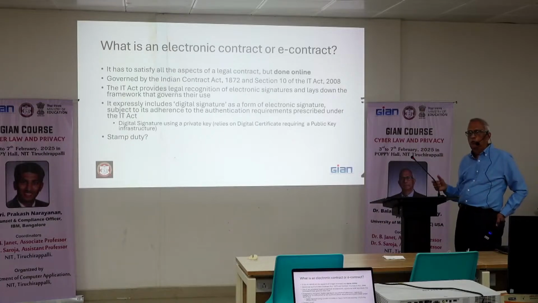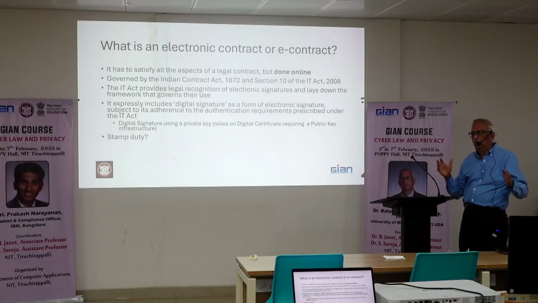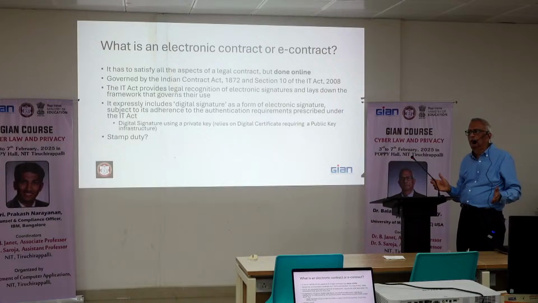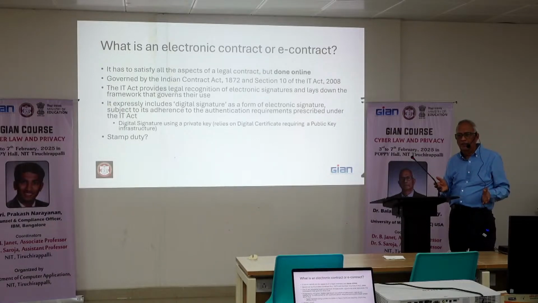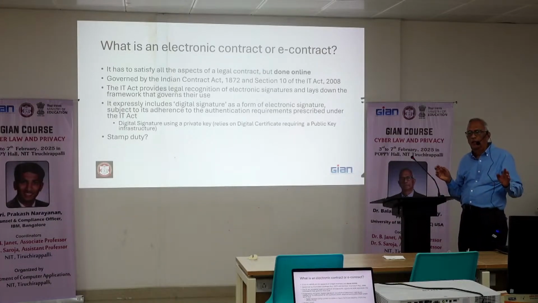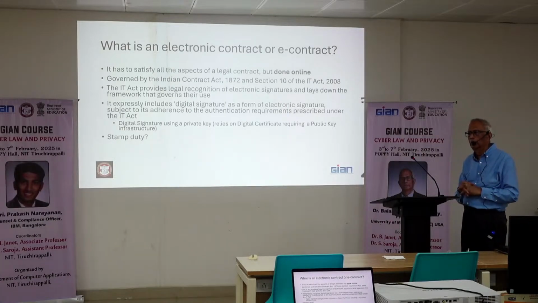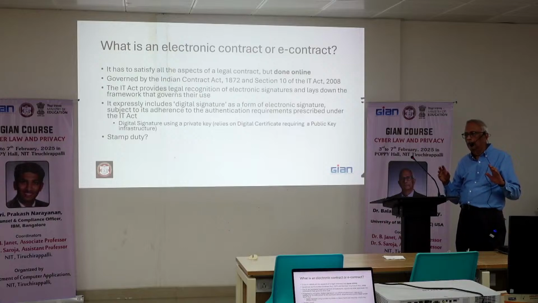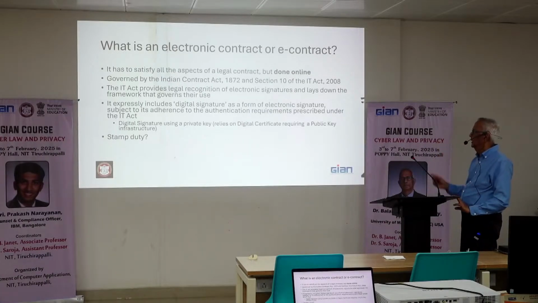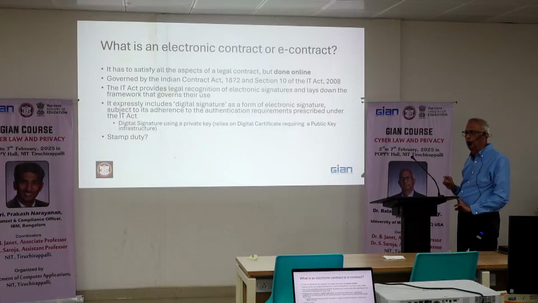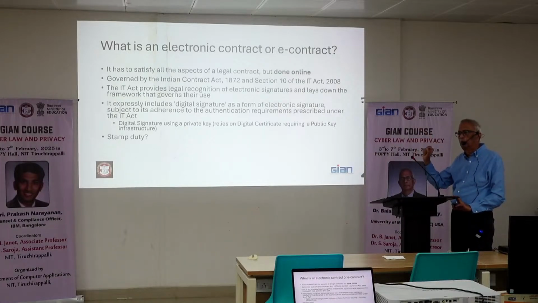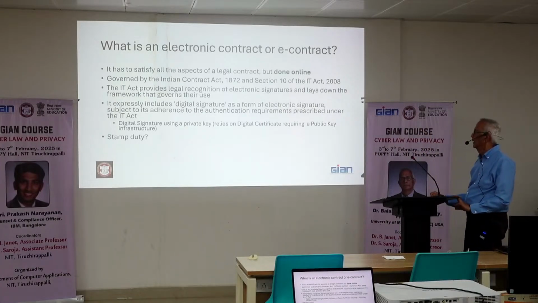So there is a lot of framework you have to put around it for the authenticity of the signature, the authenticity of the person who is signing it, as well as the authenticity of the document that supports it. The IT Act provides all this legal framework to support these concepts.